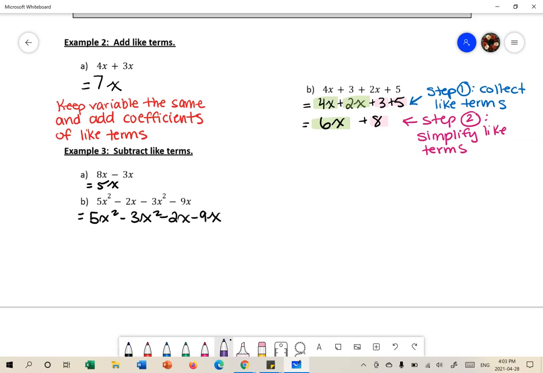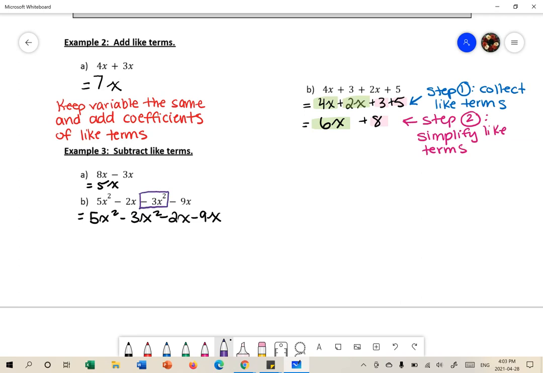When you are moving a term in an expression, remember to also move the sign or operation that's right in front of the term, because that sign belongs to the term. So I move the negative 3x squared term to be closer to its like term, 5x squared.